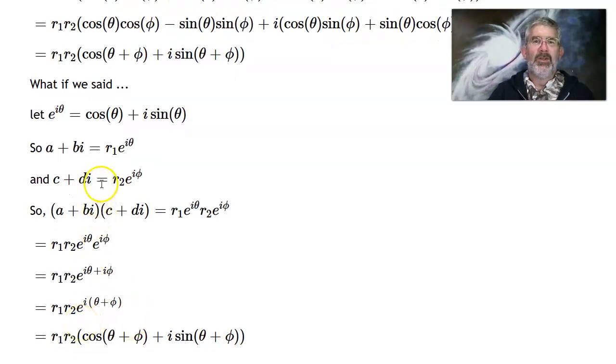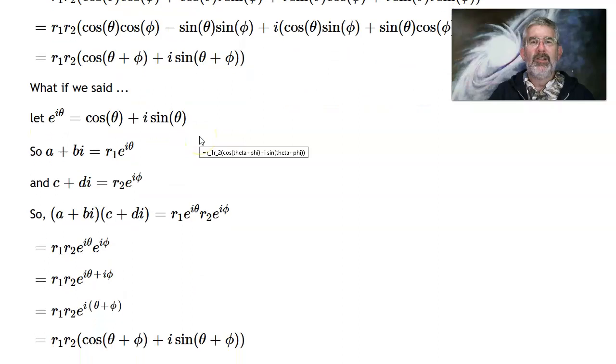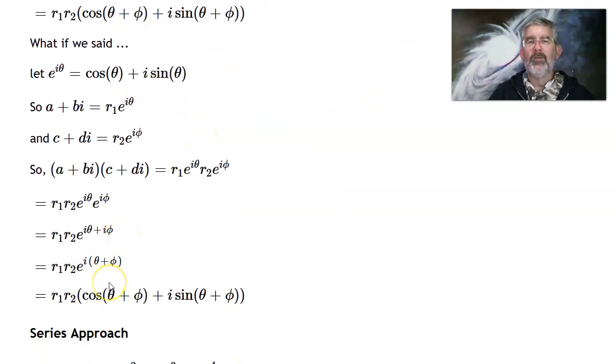Well, if e to the I theta was cos theta plus I sine theta, then e to the I theta plus phi should be cos theta plus phi plus I sine theta plus phi. And what I've done is I've done this whole calculation right here, all this polar coordinate stuff, I just did right there, really quickly, because e to the I theta is behaving exactly like cos theta plus I sine theta behaved. It multiplies by adding. Right? You multiply the numbers by adding the exponents.